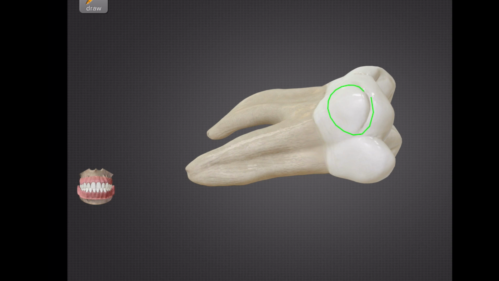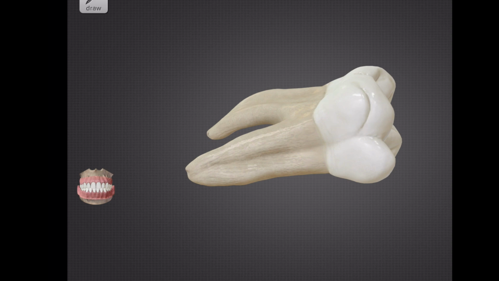Note that a tubercle differs from a cusp because it is formed of enamel only, while a cusp is formed by a pulp horn covered by dentine and enamel.